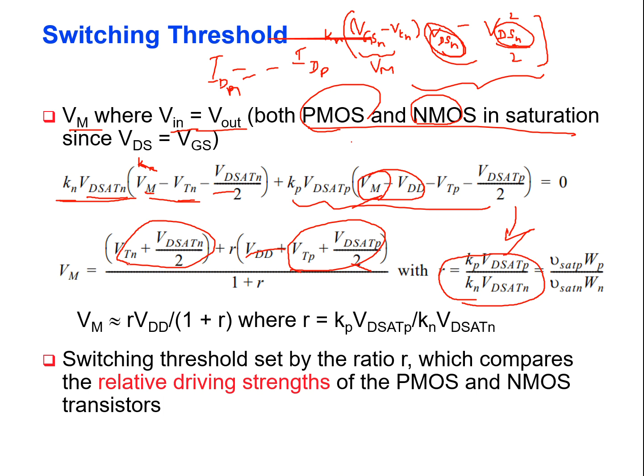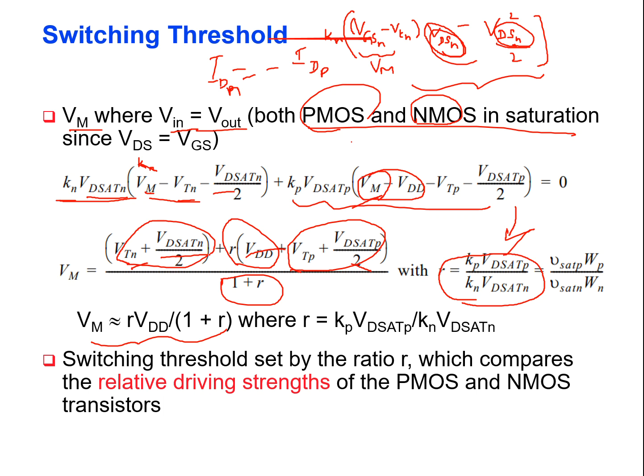Hence by neglecting VD saturation and VT, we get R into VDD divided by 1 plus R. That is what is written here: Vm is approximately equal to R into VDD divided by 1 plus R, where VDD is very much greater compared to VTN and VD saturation.